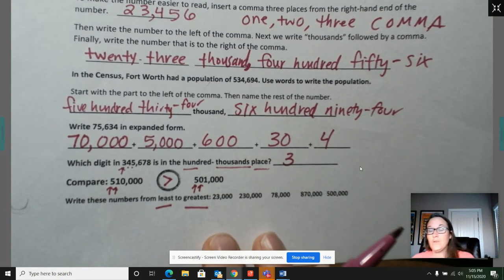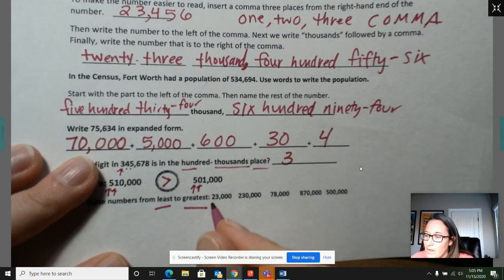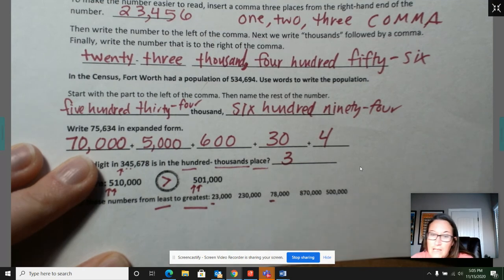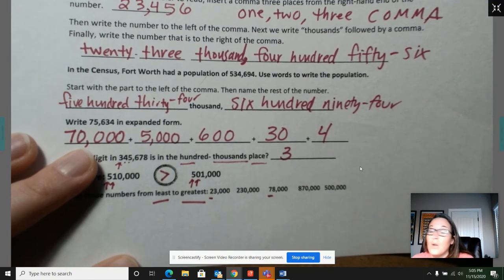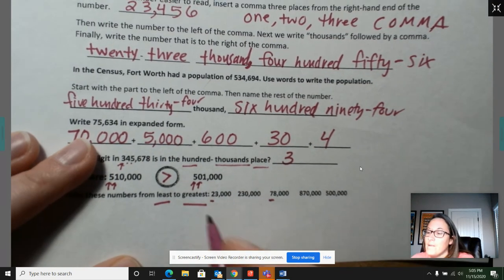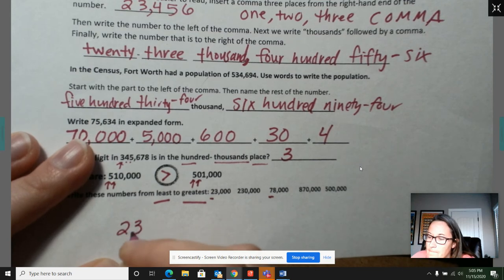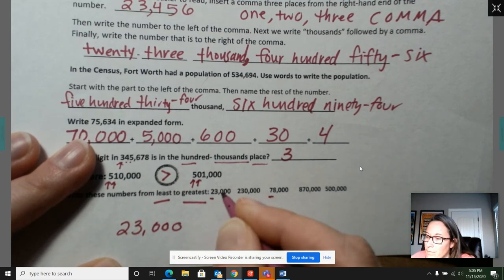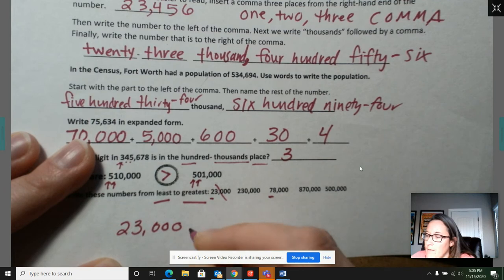So I need to stick with my 10,000 one. So it's 23,000 or is 78,000 bigger or smaller? I need the smallest. So 23,000 would go first. Then our 78,000.